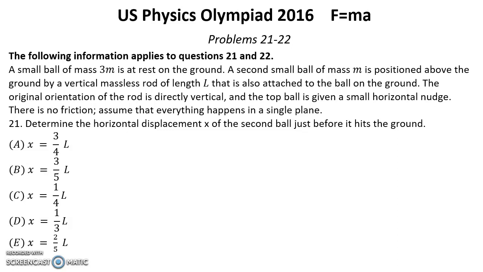A second small ball of mass m is positioned above the ground by a vertical massless rod of length L that is also attached to the ball on the ground. The original orientation of the rod is directly vertical, and the top ball is given a small horizontal nudge. There is no friction. Assume that everything happens in a single plane.